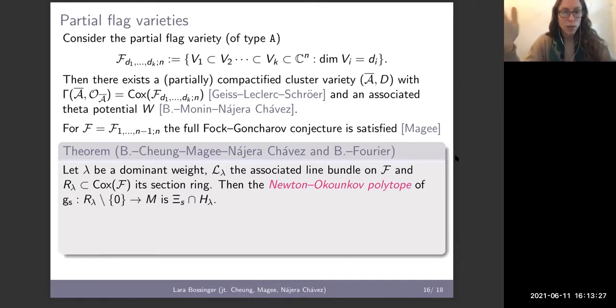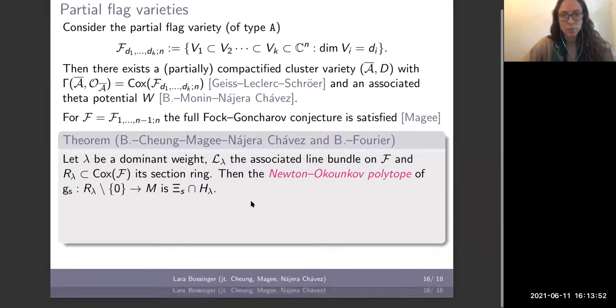We can apply it to any section ring of the flag variety, and whatever line bundle L_lambda we choose here, for lambda some dominant weight, the Newton-Okounkov polytope of this valuation will be the corresponding intersection of the Newton-Okounkov cone. And the Newton-Okounkov cone, we have already seen, is the tropicalization of the potential.